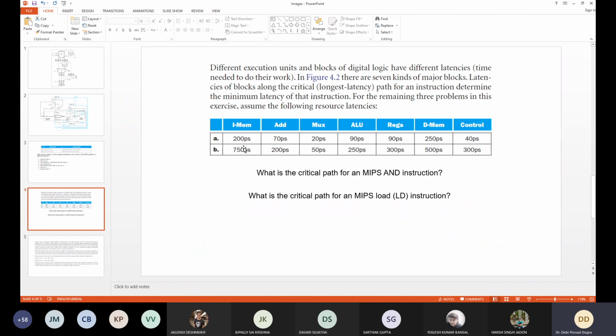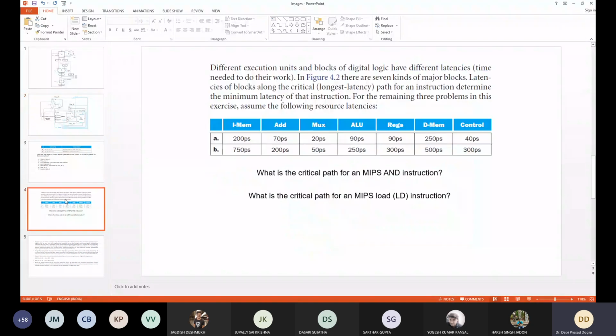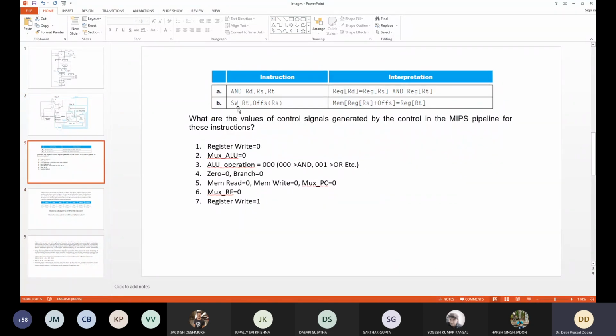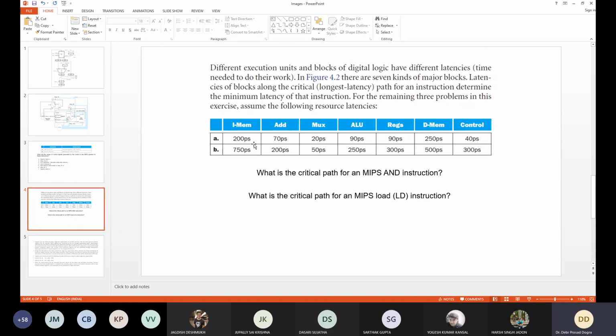In this figure itself we are showing the entire path. The critical path for the first instruction: the instruction comes here, and reading from the instruction memory takes 200 picoseconds.